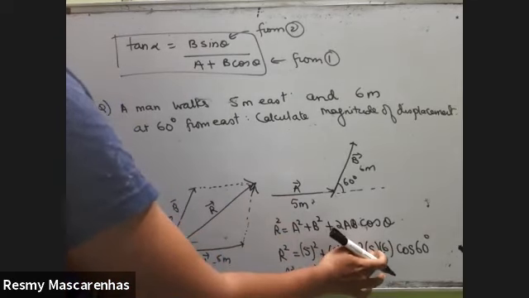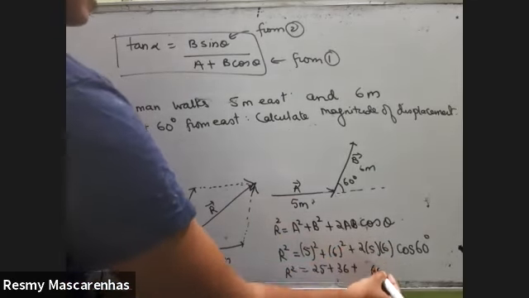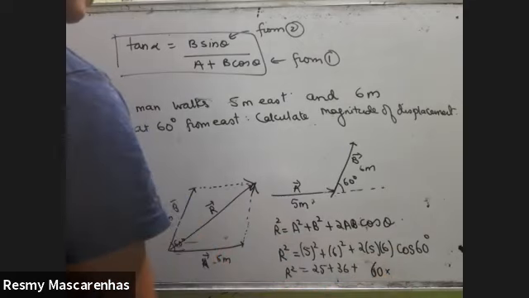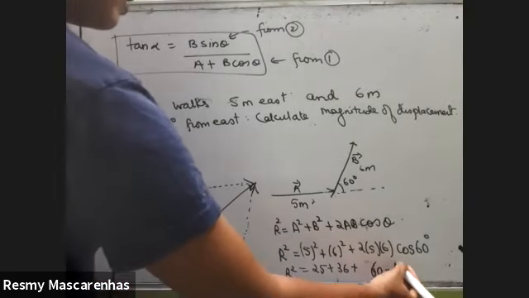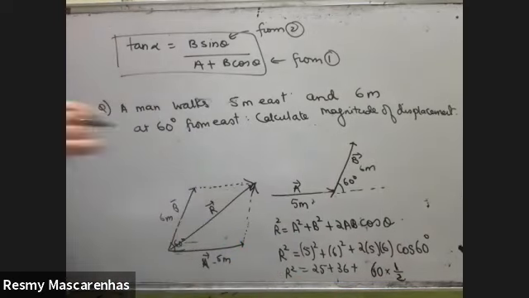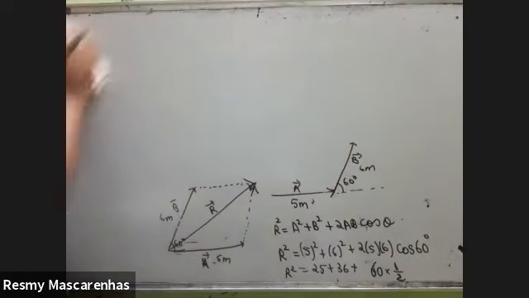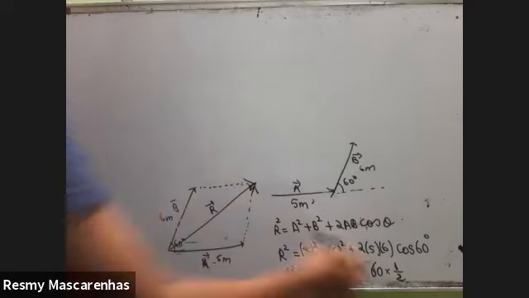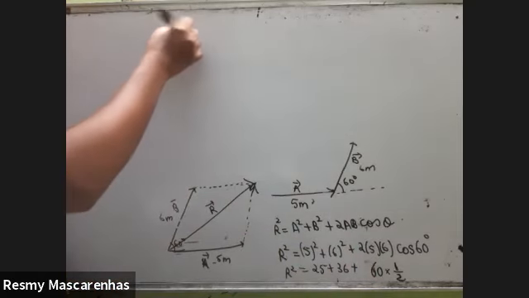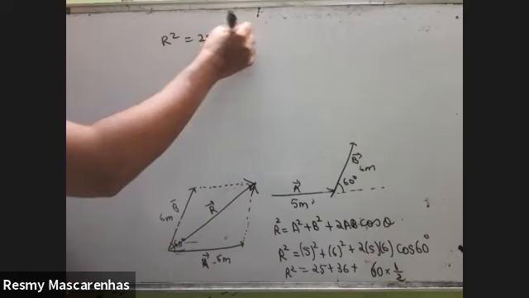So 2 5s are 10, 10 times 6 is 60. Cos of 60 degree is 1 by 2. You should know the trigonometric values. Whether you're a math student or a physics student, doesn't matter, the trigonometric values you have to know. So it will become 30 then.